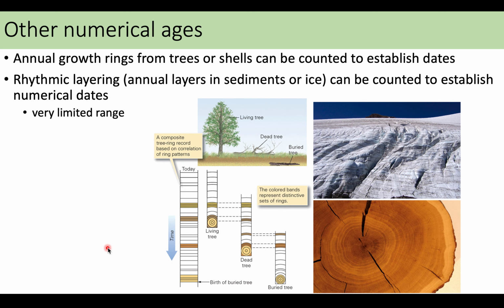So these are other things that can be counted to establish numerical dates. However, the range is super limited. For example, you can only use a tree ring to date back as far as that tree has been alive. So that's not something we can use way back in the past like we can with isotopic dating.